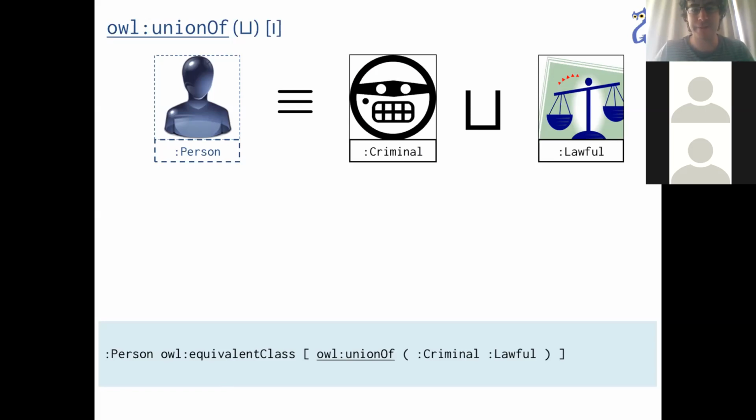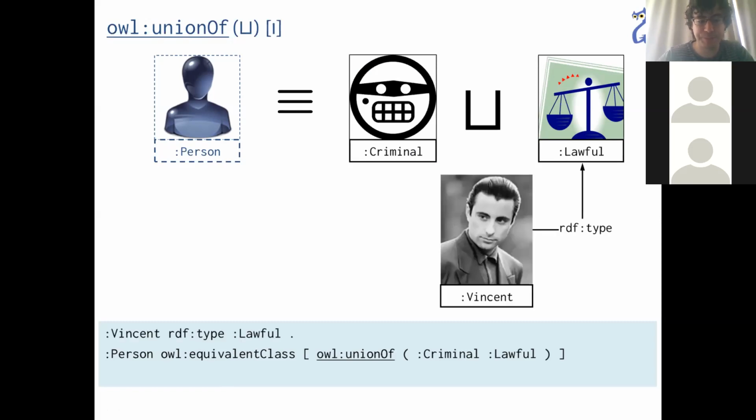If we didn't hold that to be true, we wouldn't say this. So this says that if something is criminal or lawful, then it's a person. If something is a person, then it's criminal or lawful, or both at the moment. So if we say Vincent is lawful, we can entail or infer that Vincent is of type person.